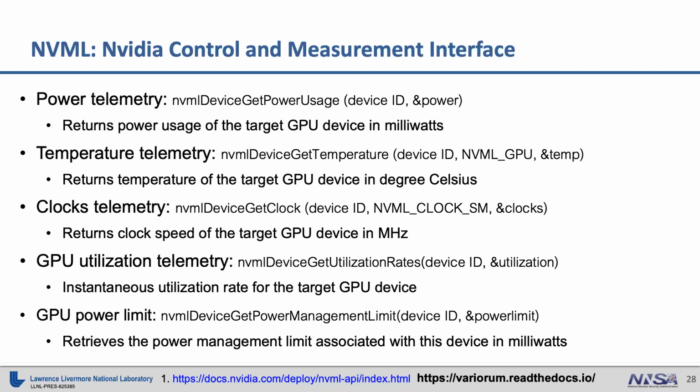The streaming multiprocessor clocks are measured using the device get clock API. This is in megahertz. And the GPU device utilization is measured using the device get utilization rates API. This specifically provides the occupancy rate for the target GPU in percentage.